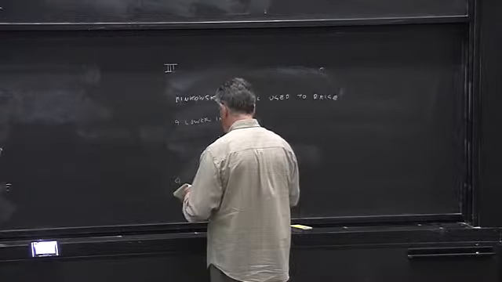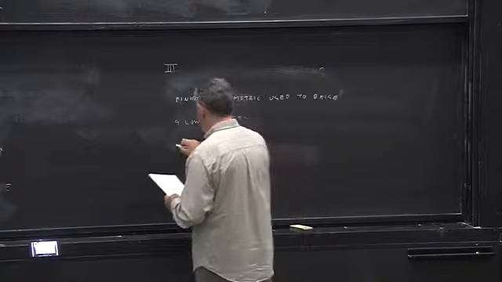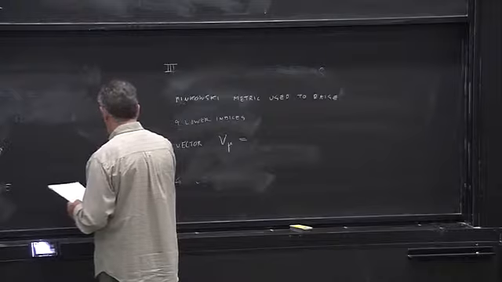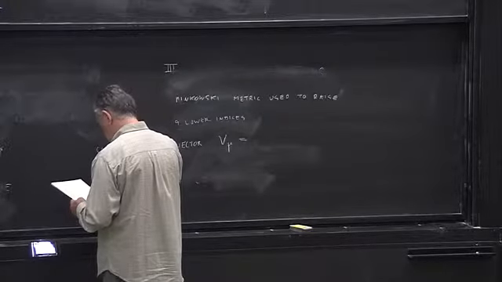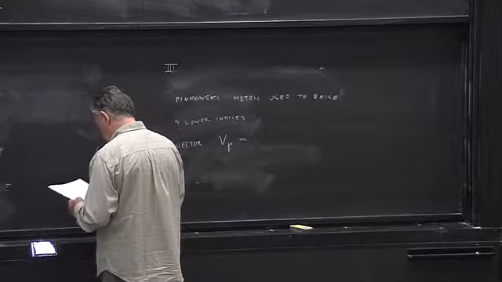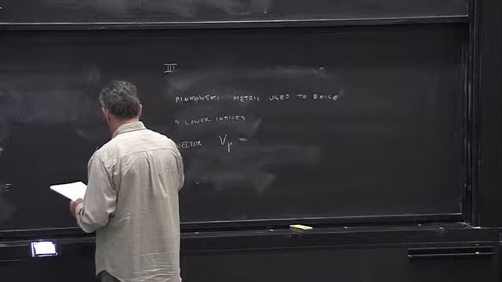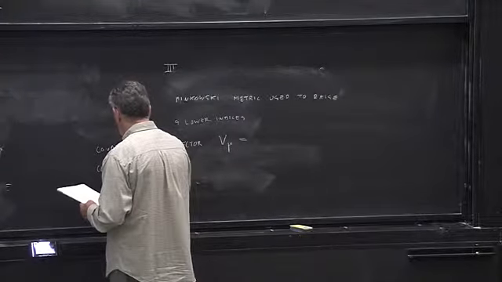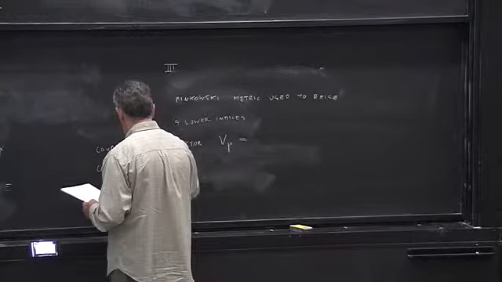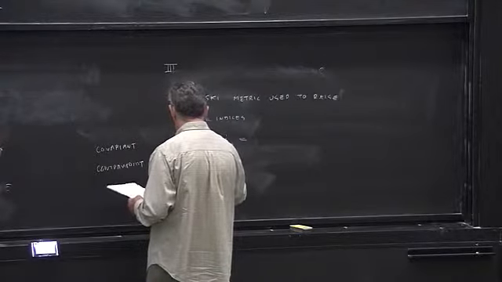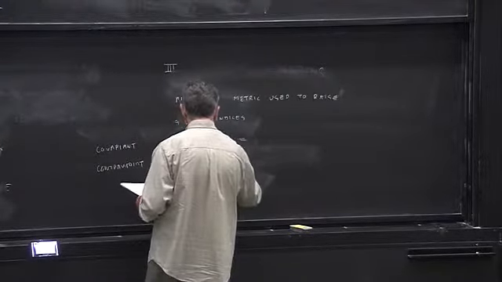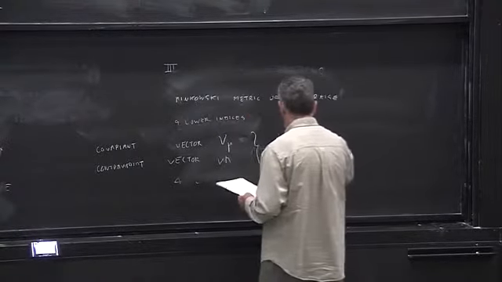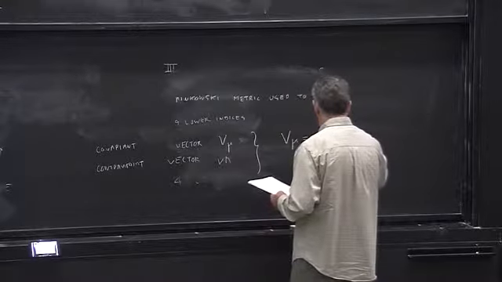So a vector with a downstairs index, which is called a covariant vector, if I've got it the right way around, and a contravariant vector has an upstairs index, and they're related by v mu is eta mu nu v nu.